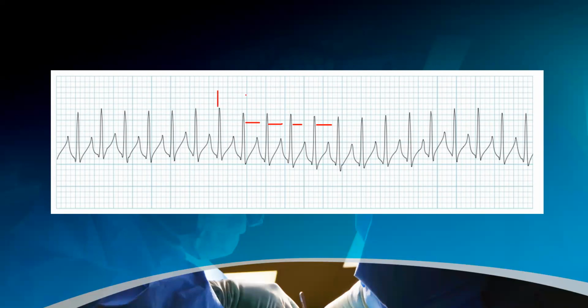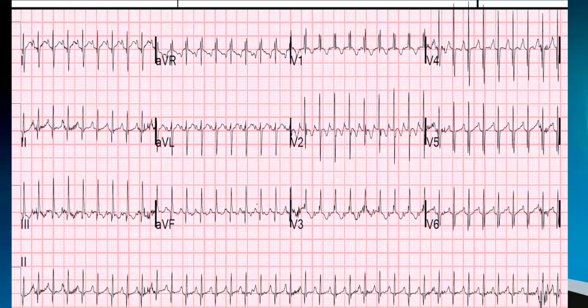We always measure it by the RR interval. See, this is one R, this is one R, this is another R. You can find that all the RR intervals are equally spaced, and that means it's a regular rhythm. When you want to measure the heart rate, just find the number of large squares in between two RR intervals.